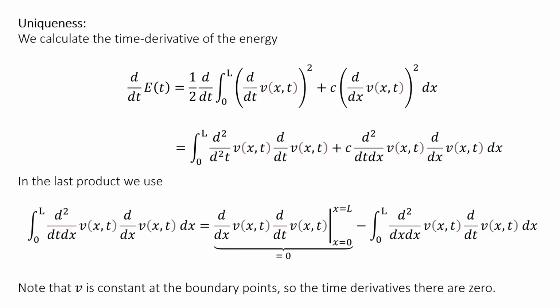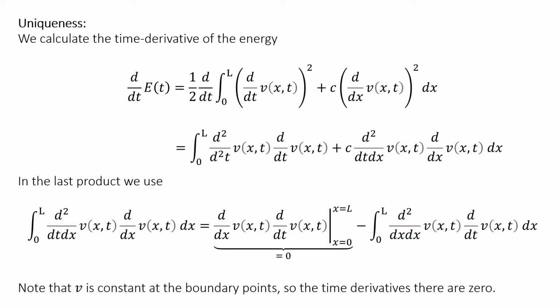To see how the energy develops over time, let's compute the time derivative of the energy. So, d over dt E(t) equals 1/2 of d over dt of the integral from 0 to L of the square of d over dt v(x,t) plus c times the square of the first x derivative of v(x,t) dx. The integral is in the x variable, in the position variable, and the derivative is in the time variable.